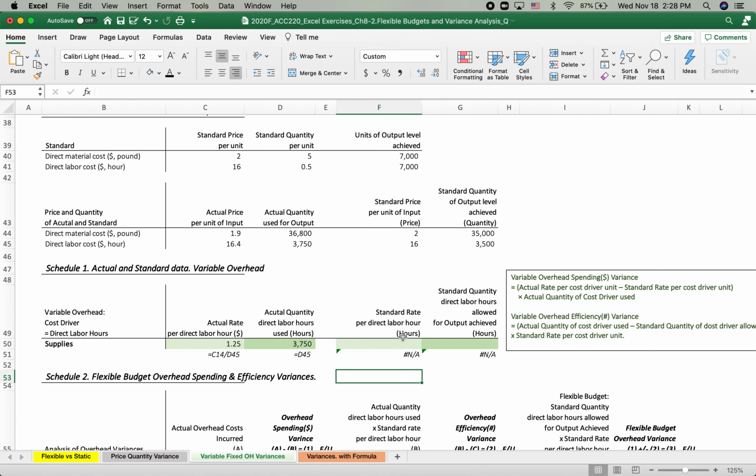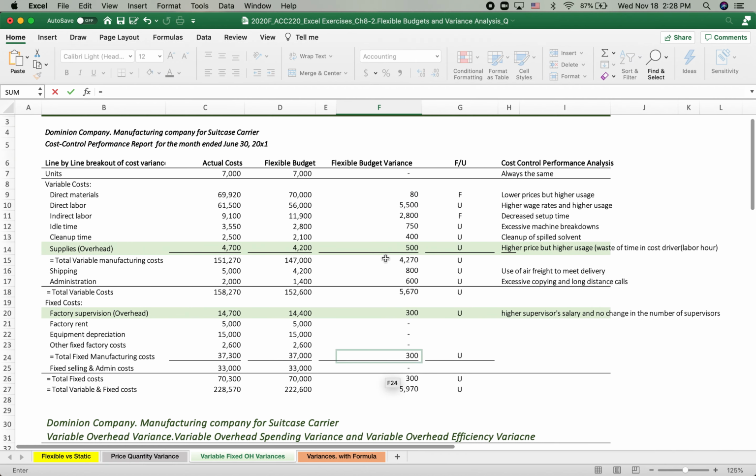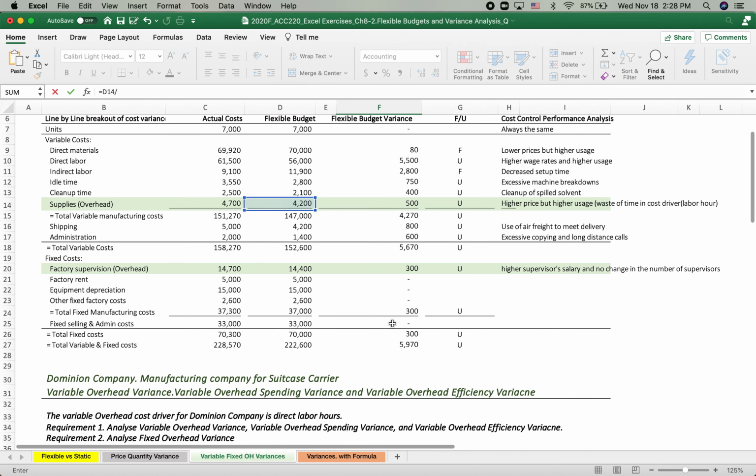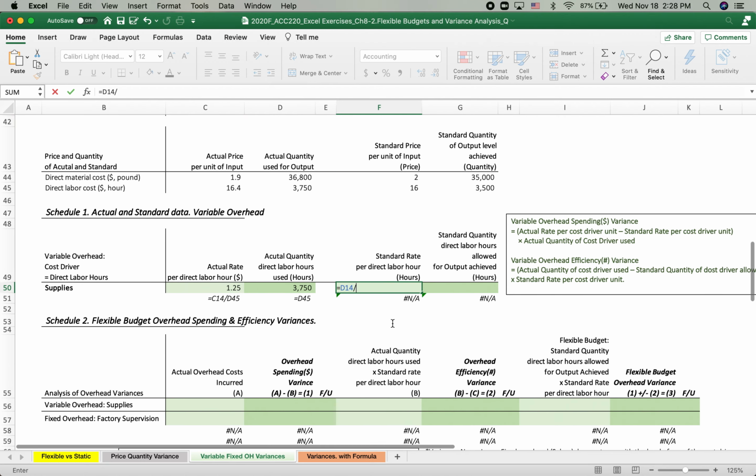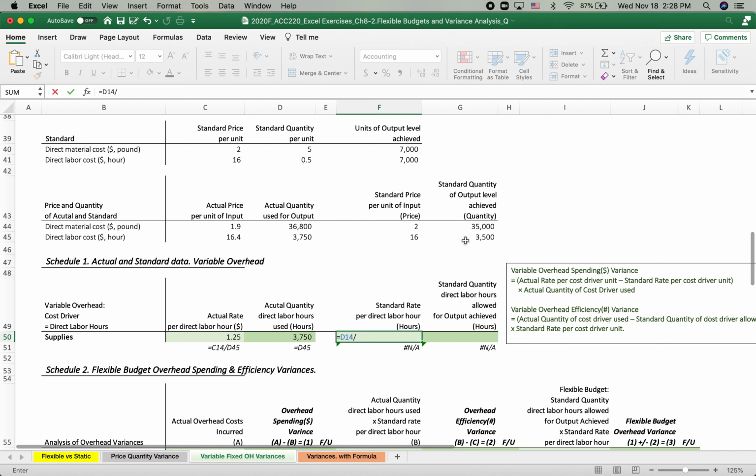Then the standard rate. How do you calculate the standard rate? In the same way, we take the flexible budget for the supplies overhead divided by the standard quantity, the output level achieved, 3,500.